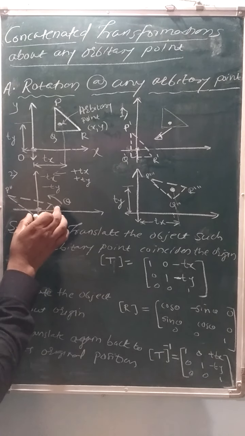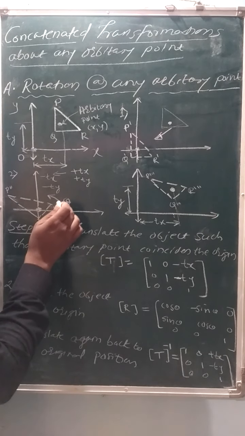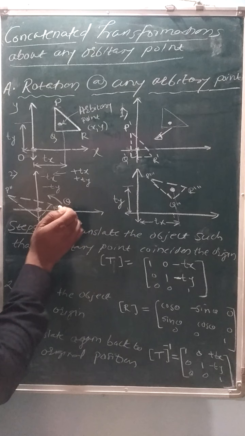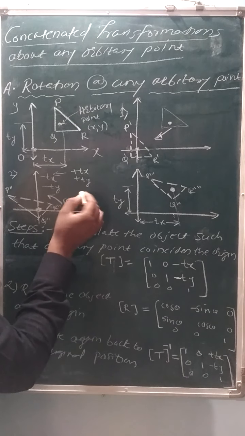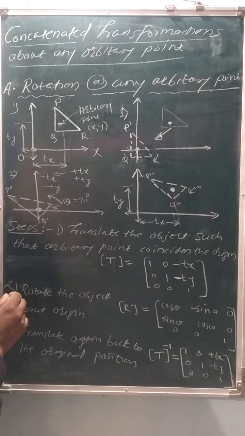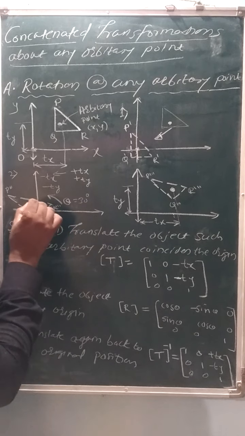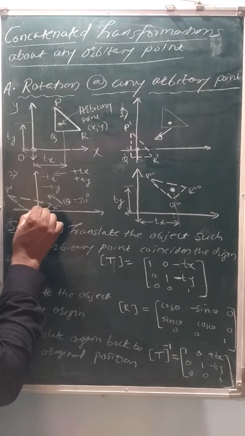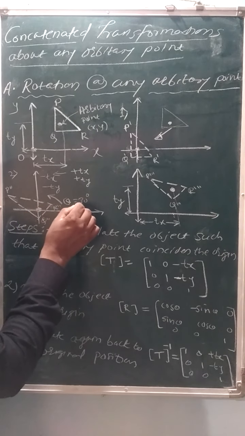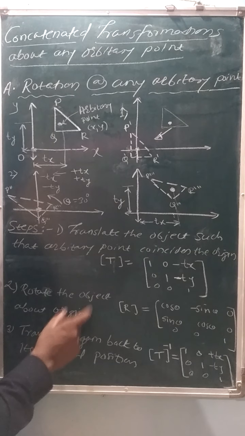So we are rotating the graphic element, the triangle, by a given angle. In this case, the given angle, suppose theta, may be 30 degrees, in the anti-clockwise direction. So we will rotate this particular triangle about origin or about the arbitrary point, because both are coinciding, by a given angle.